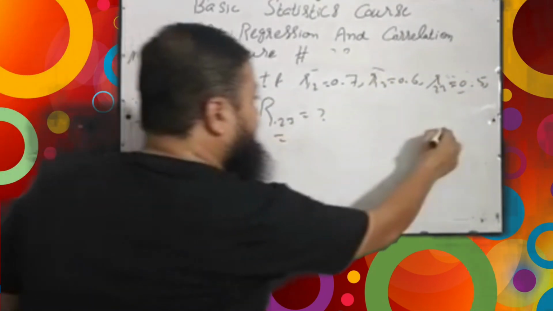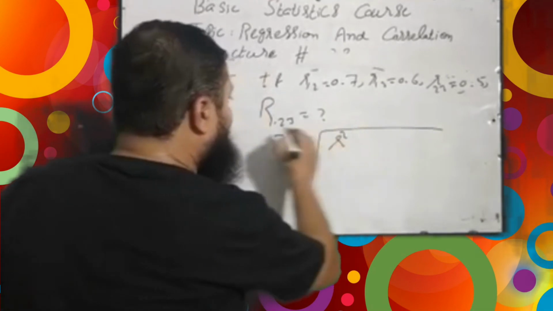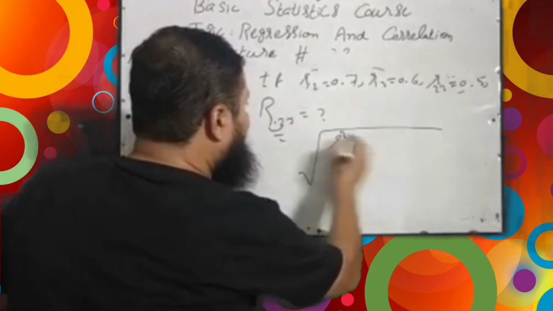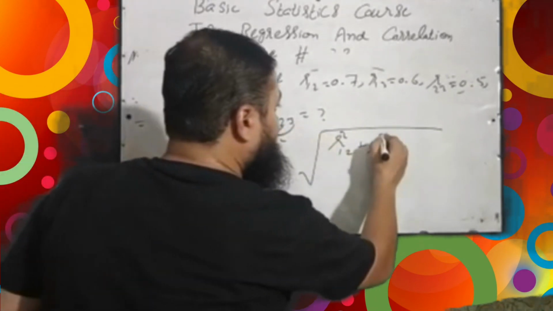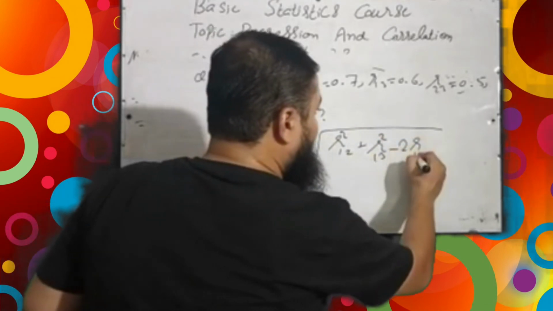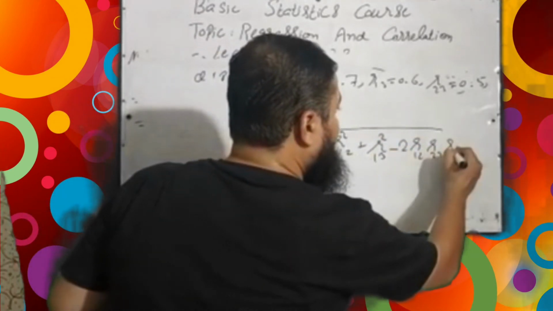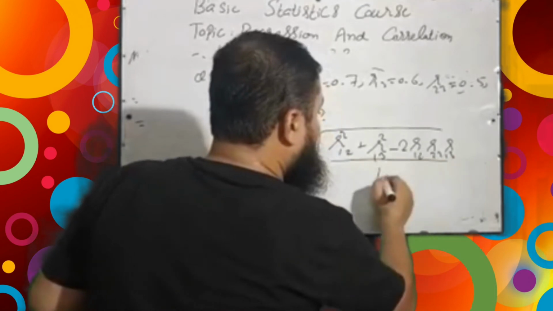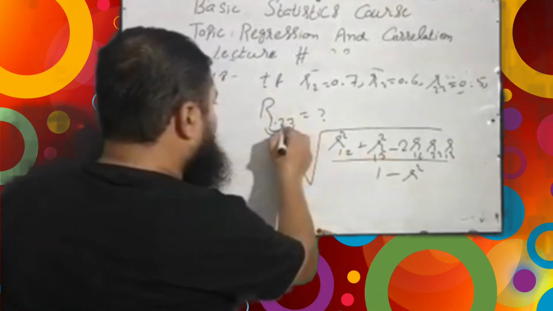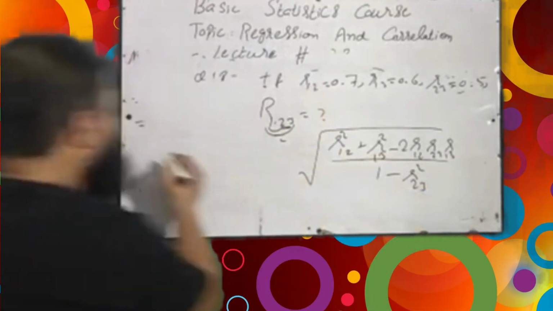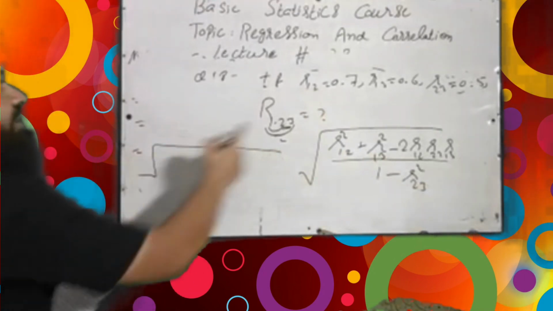The formula is under the root R square 12 plus R square 13 minus 2 R12 R23 R13 over 1 minus R square 23. Just substitute the values.